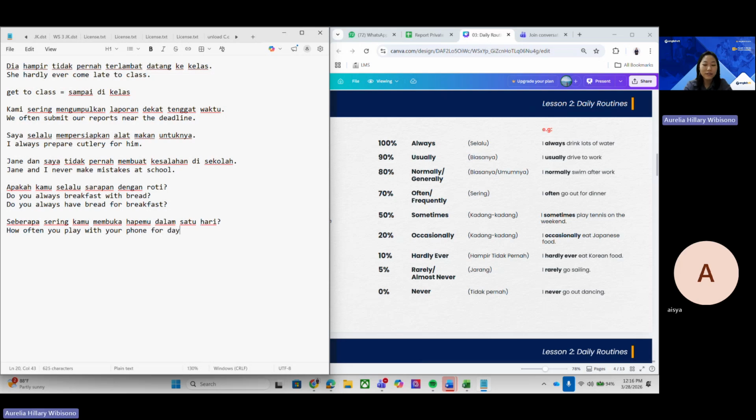Okay, so you can do it like this. How often do you? Don't forget the word do. Okay. Because it's a verbal sentence. For verbal sentence, if you want to ask a question, you have to put do in front of the subject or does maybe. Okay. In a day, dalam satu hari. Okay, and then next one.